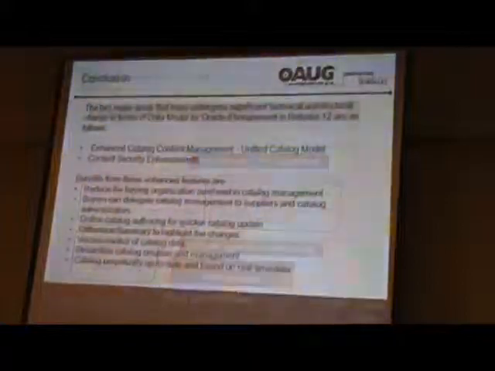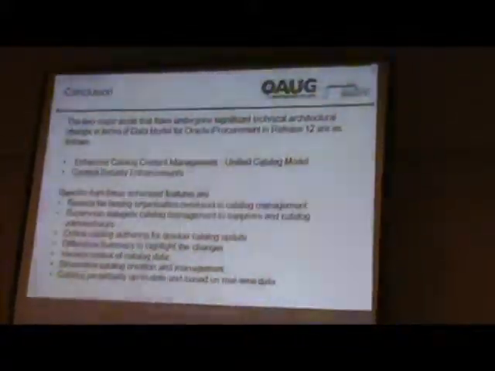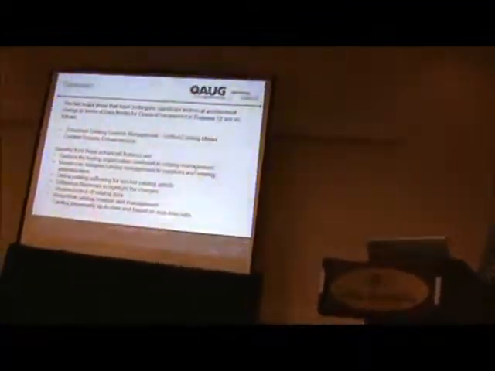Okay, that's the end, and the conclusion is basically that the enhanced catalog content management is the new process introduced in release 12, which is really useful. The content security is also one of the useful features, basically reducing the overhead of catalog management.